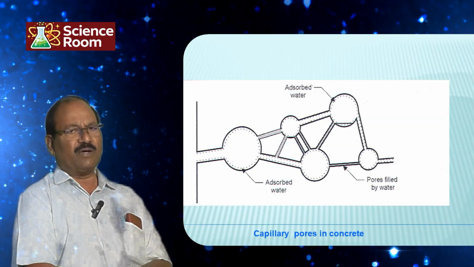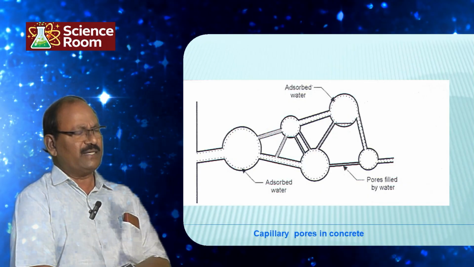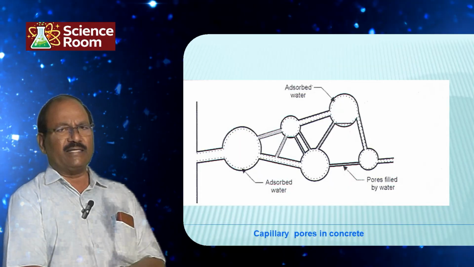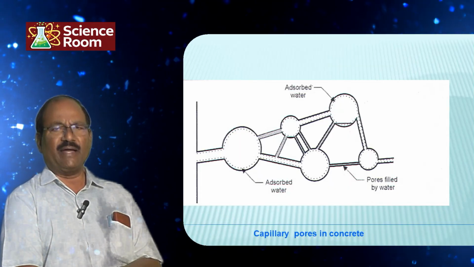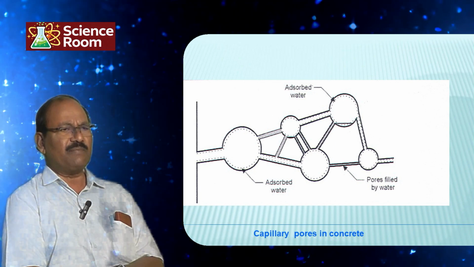That calcium oxide combines with silicate to form calcium silicate, and the remaining residual calcium combines with the water and becomes calcium hydroxide. This pore water mainly consists of calcium hydroxide.